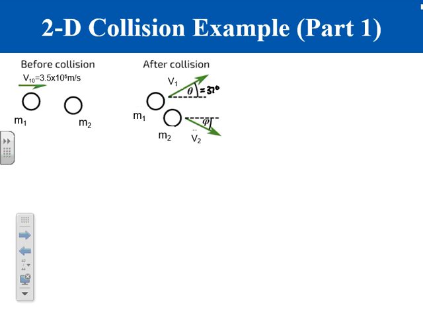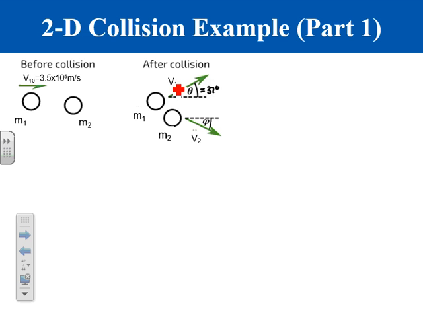Before the collision, we have the two objects, and they are pretty boring. M1 is traveling to the right, and it has a speed. But that is an entirely horizontal velocity. So that means we have a horizontal momentum. But in the after collision, we have both horizontal momentum because there's some left to right action here, but we also have some vertical momentum because there's some up and down action here.